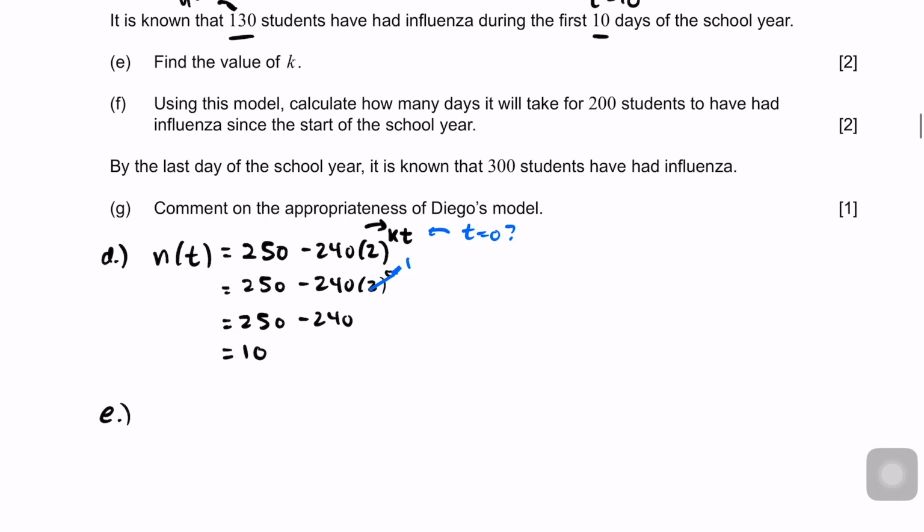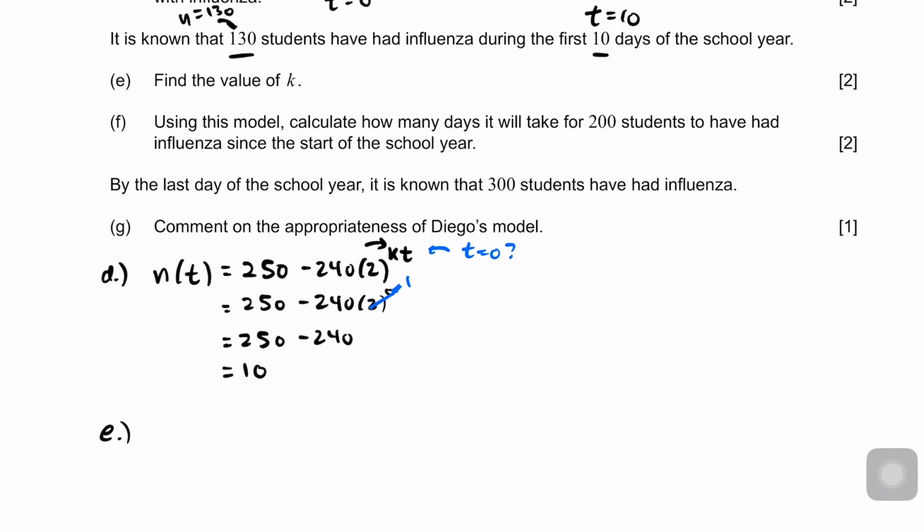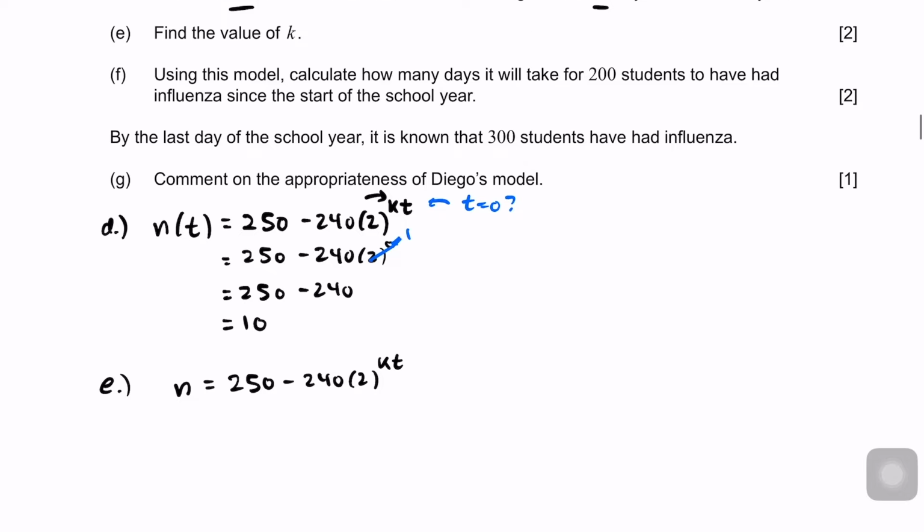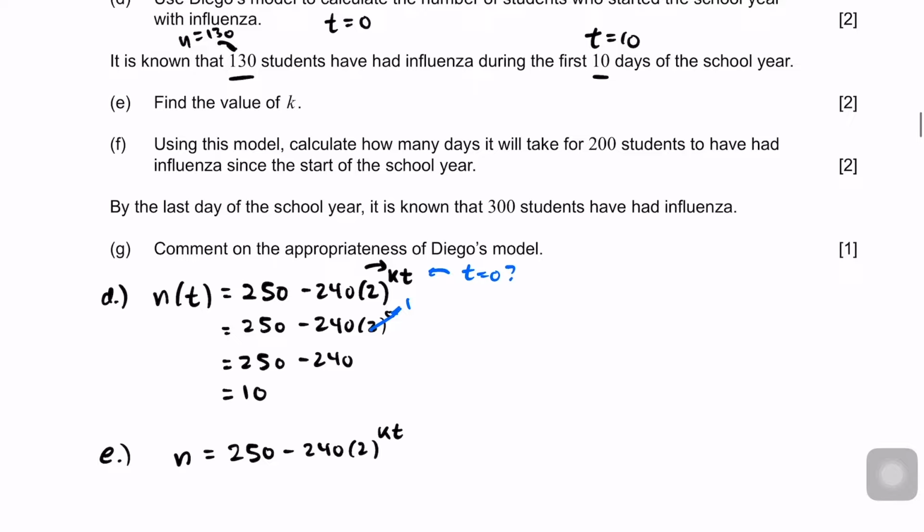So let's go ahead and write it out. I'm going to write it out slightly differently. I'm just going to write it as n, number of students, is equal to 250 minus 240 times 2 to the kt. And so we have three unknowns, but since we have 2 out of the 3 values, we should be able to solve, and then we'll just have 1 unknown left. So n is equal to 130.